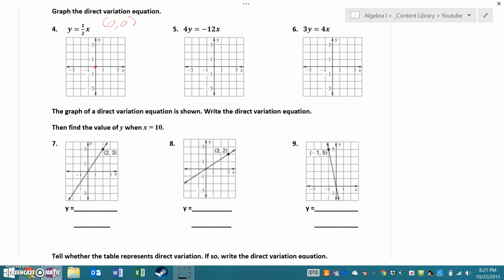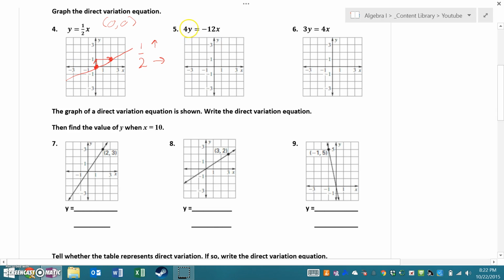For direct variation, for graphing, again, all that we're dealing with is the slope. And the y-intercept is 0, 0. I've already plotted that point. So now, with 1 being my rise and 2 being my run, I can plot and move to get my next point, draw my line, and that would be done correctly.